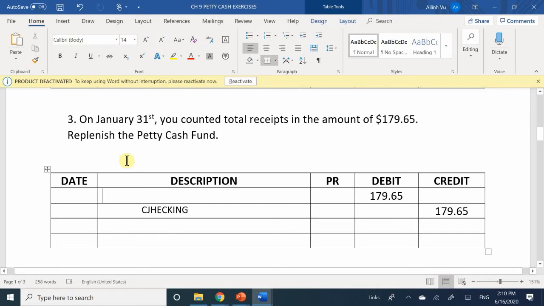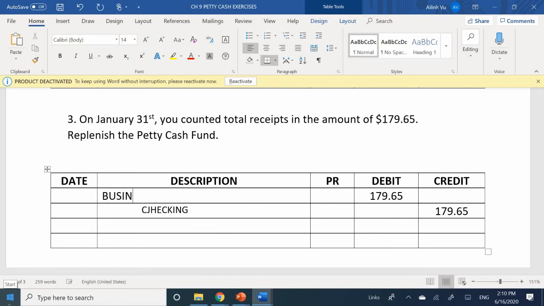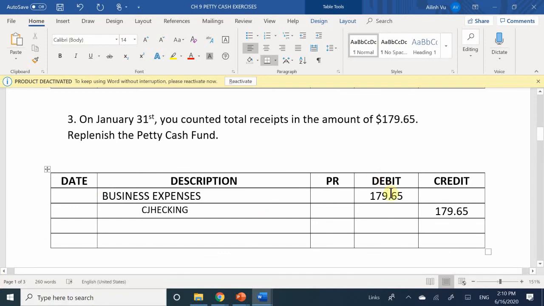You would have to itemize, correct. You do need to itemize all your expenses. But in this case, I wasn't specific. It's not broken down. So I'm going to make the assumption that all of these are business expenses. So I'm going to go ahead and make business expenses for $179.65.